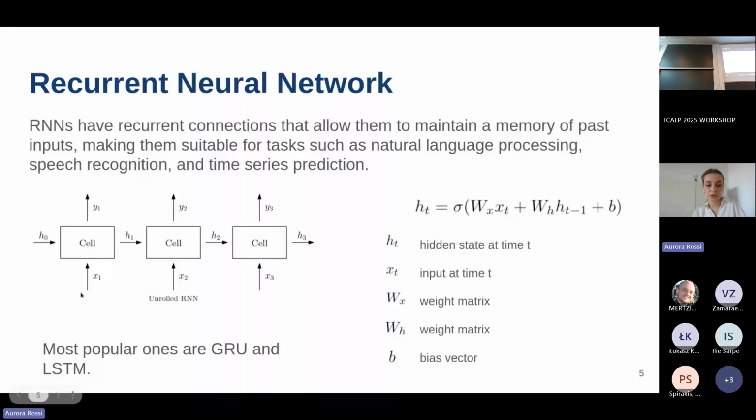As you can see from this formula, x of t is the input, so our time series at time t, and then we keep a hidden state that is taken from the previous time step. Two popular variants that are a bit more complicated than this formula are the gated recurrent unit and the long short-term memory recurrent neural network.